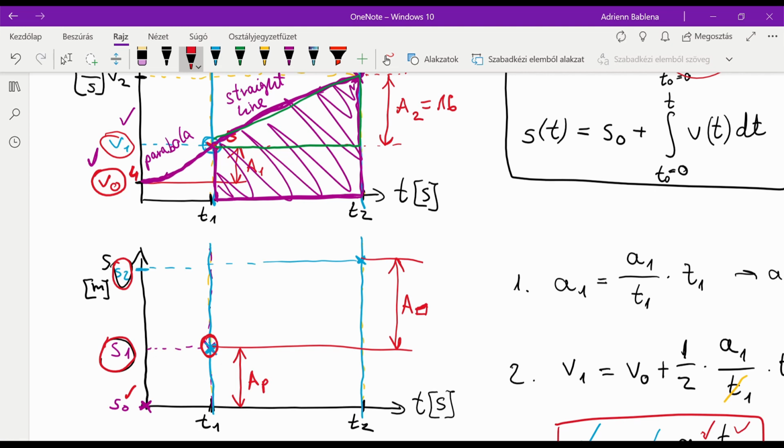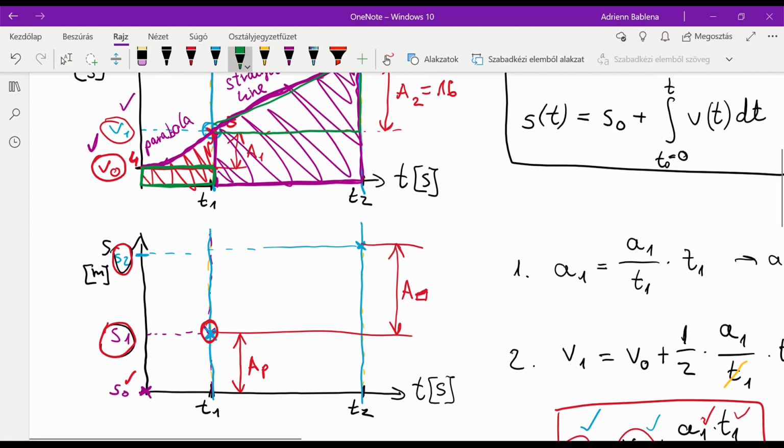You must split this area into two shapes. You can get a rectangle here, and you can get a shape under a parabola here.